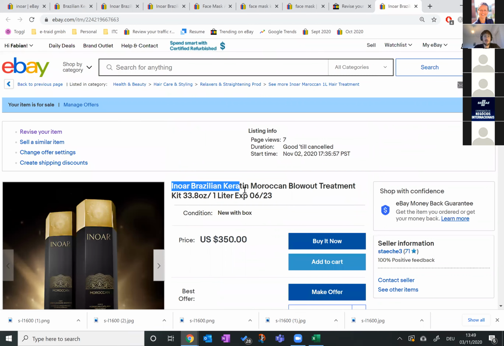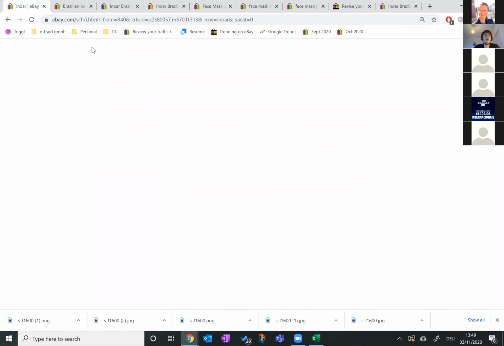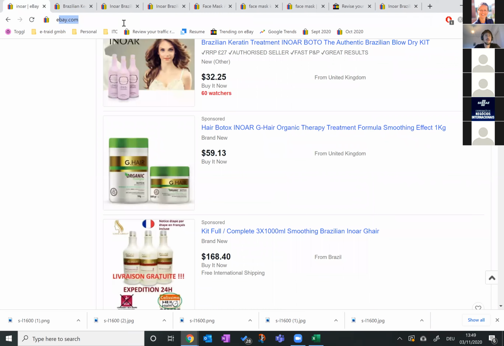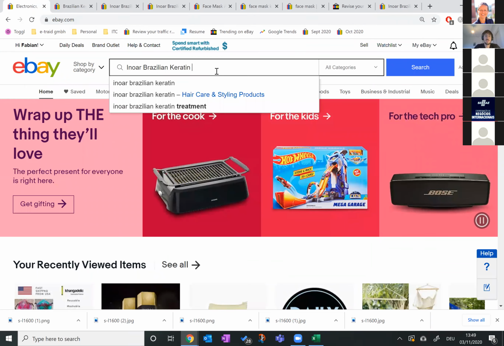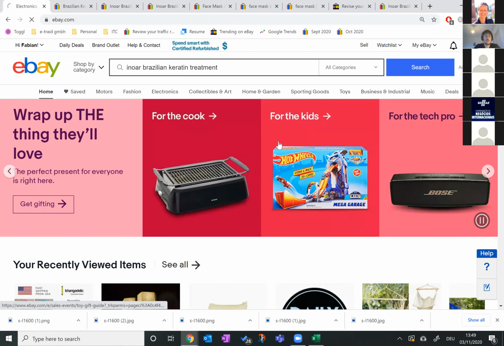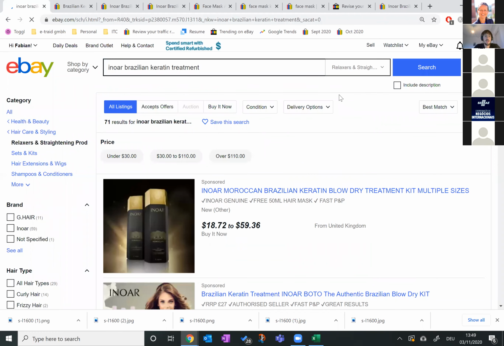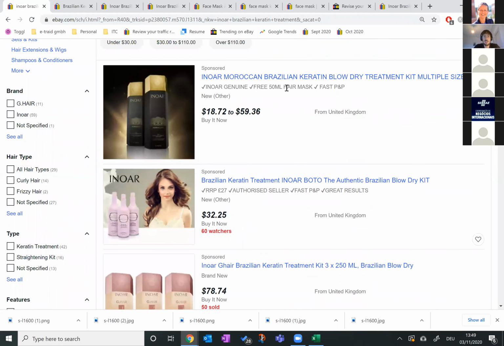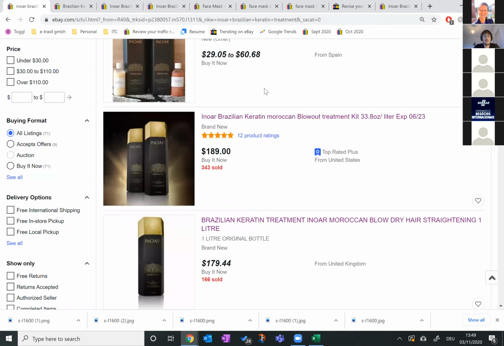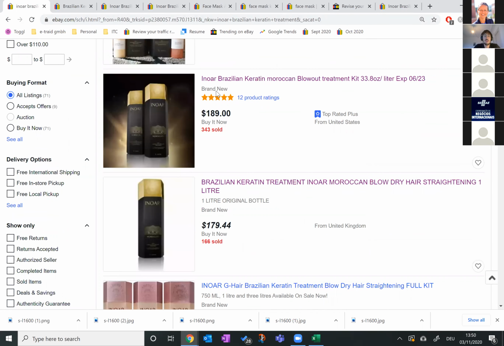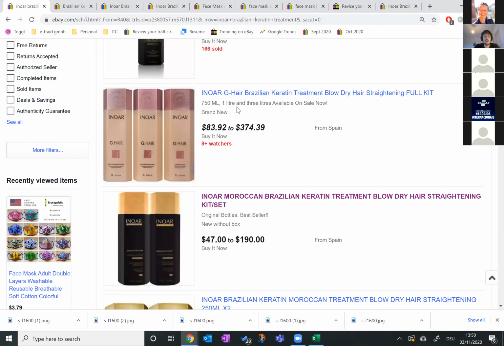Let's search for InnoR Brazilian keratin treatment, and let's see if we can find my listing on eBay. So I'm going to search for this treatment. Okay, and I get 71 results, and I'll try and see if I can find my product. So this is again the seller that we looked at before.